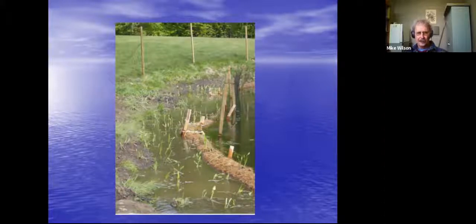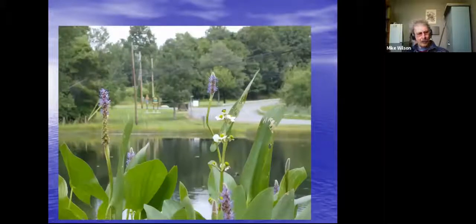And theoretically, that coir log in time will decompose and plant material will grow through it. In fact, there's plants planted right in it right there. And this is part of our finishing result of that project. Within a year, the plants were mature and flowering.